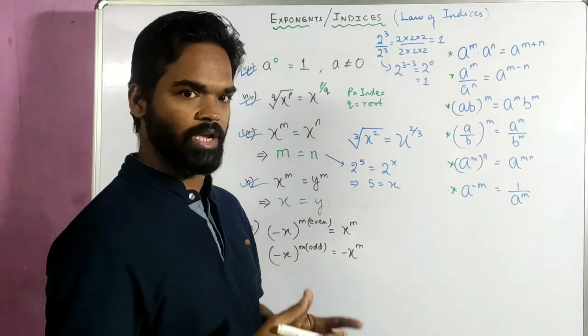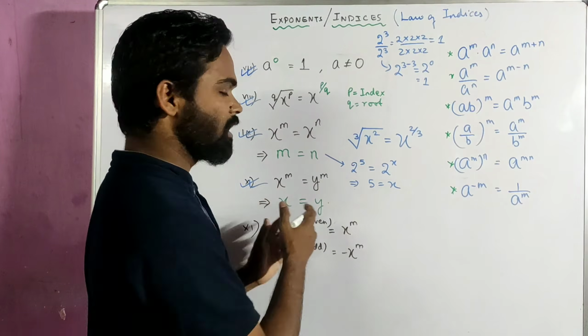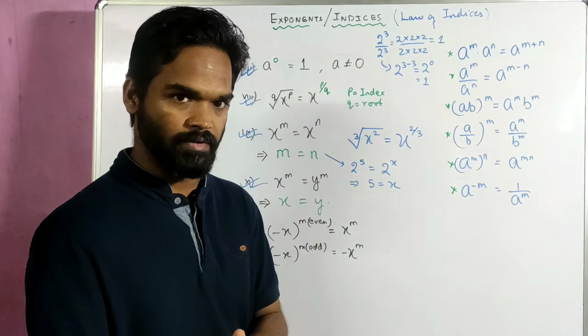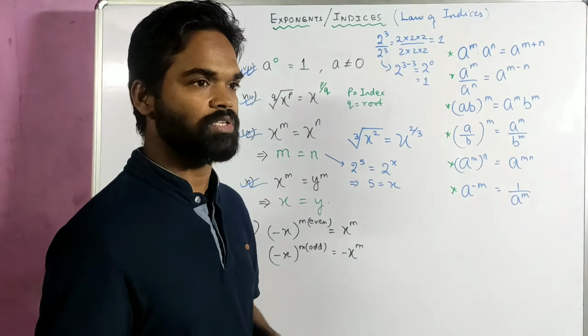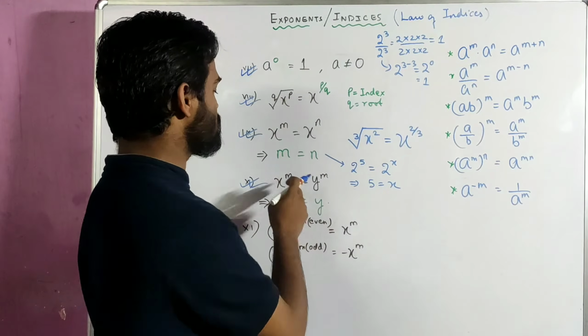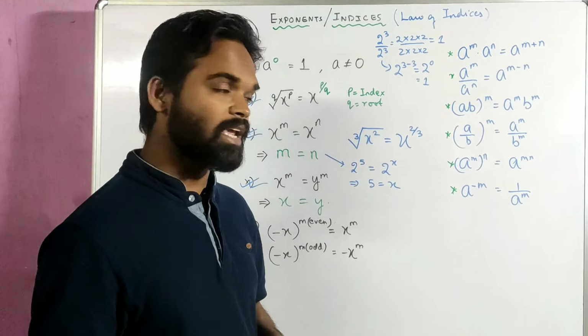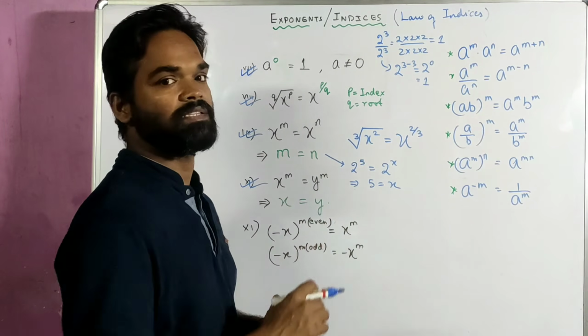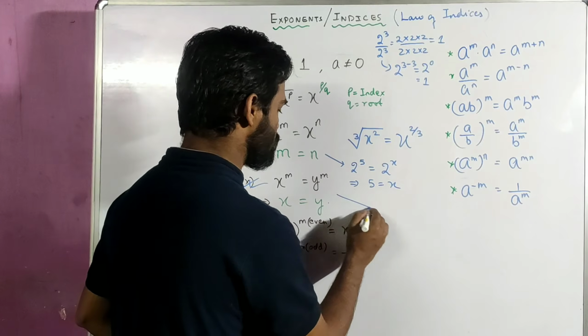Again, in an equation, if you have a single base on both sides, LHS and RHS, and the powers are the same, then we can say the bases are the same. What do I mean? Just look over here.